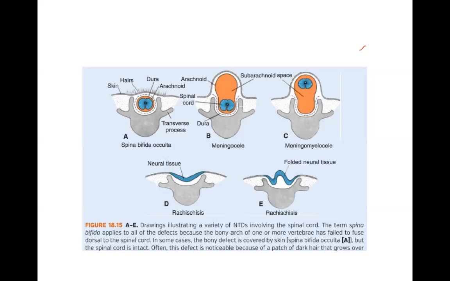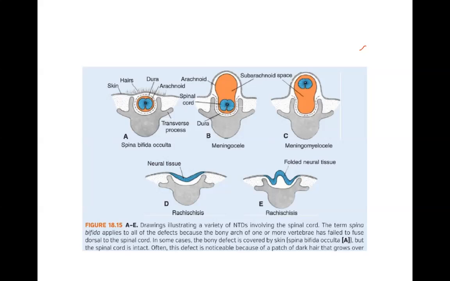Because posteriorly, the two vertebral arches did not meet to form the spine of the vertebra, there is a gap. That gap is covered by skin, and over the skin you have hair. So you have protected the spinal cord and the meninges by covering it with skin and hair. This is spina bifida occulta.